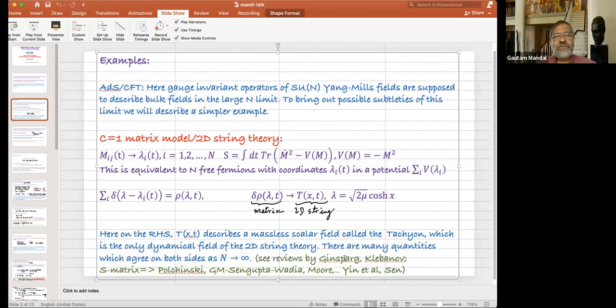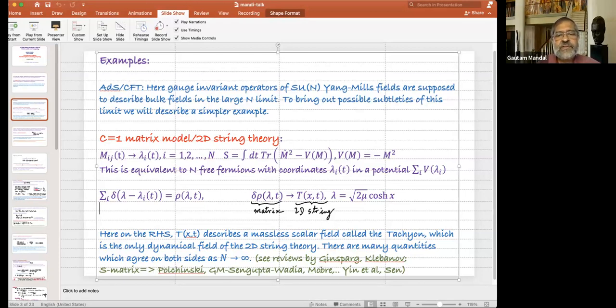There are nice reviews of this subject by Ginsparg and Klebanov, and S-matrix calculations are some of the main things that have been computed: S-matrices in a topologically trivial sector, as well as in the presence of interactions, as well as in the presence of instantons and so on.